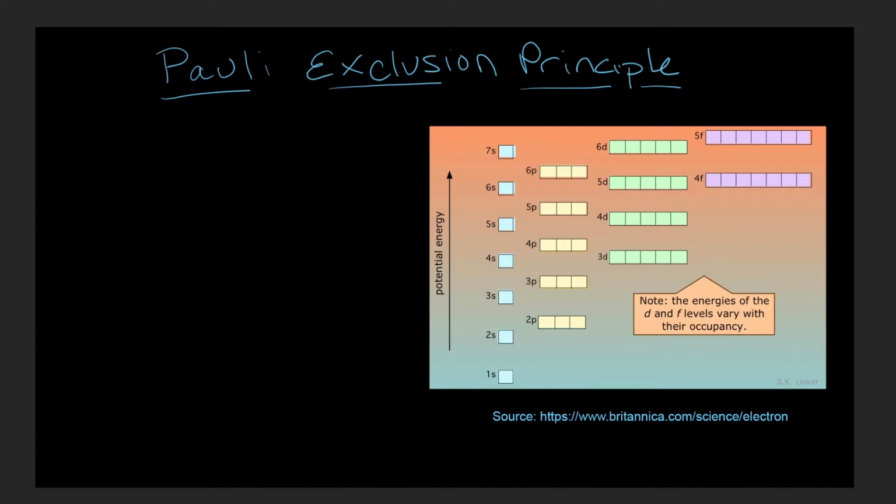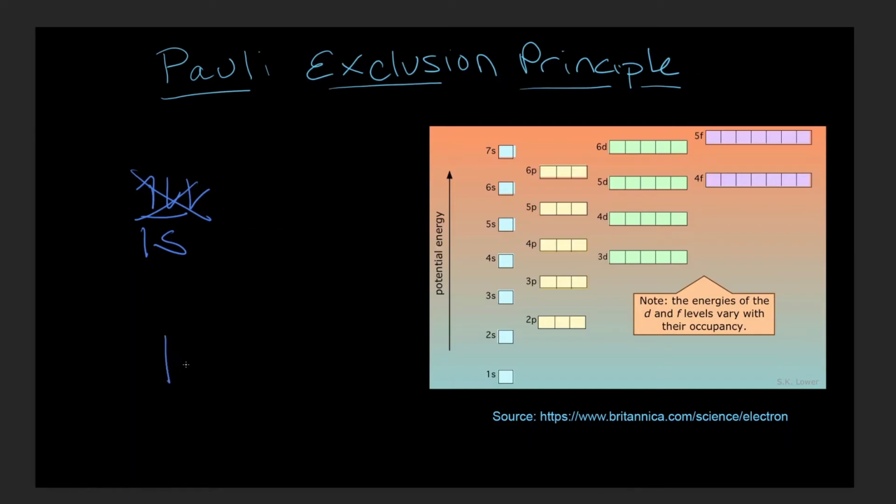Pauli exclusion principle states that no more than 2 electrons can occupy the same orbital, and that 2 electrons in the same orbital must have opposite spins. So let's take our 1s orbital for example. If we were distributing our electrons, first, we could not have 3 electrons in there, in any manner, whether that be the final one spinning up or spinning down.